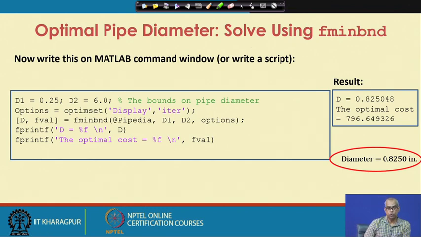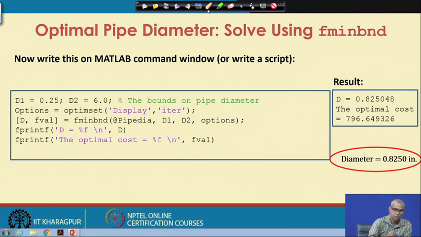So, now once we have written the function file that will evaluate the objective function, we are ready to call the fminbnd solver. So, again you can either write these statements on the MATLAB command window, or you can create a script file, write these statements, save the file. You have to give a name. So, it will be your name.m file. You have to run that file to get the solution.